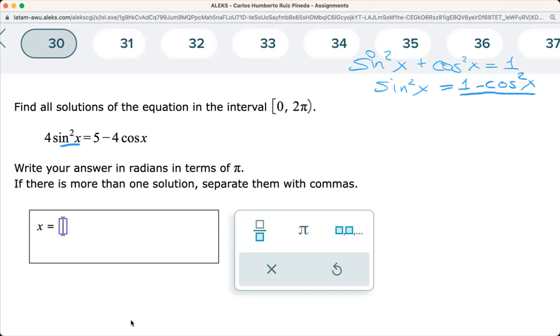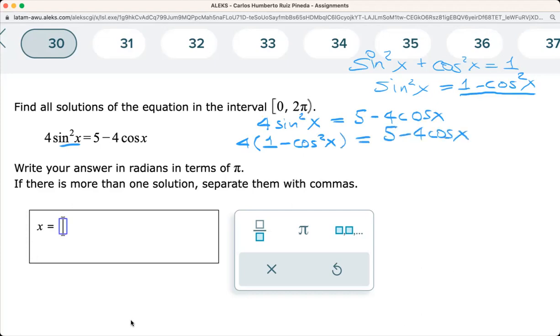So let's do it. For 4 sine squared of x equals 5 minus 4 cosine of x, this is equal to 4 times (1 minus cosine squared of x), which is equal to 5 minus 4 cosine of x.